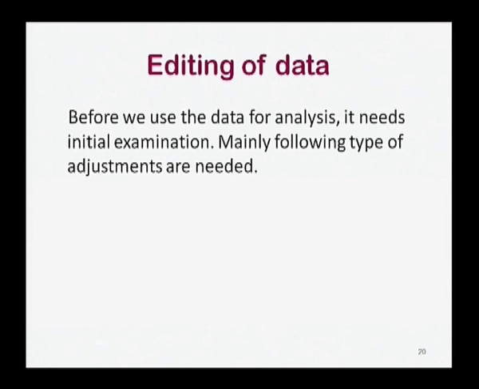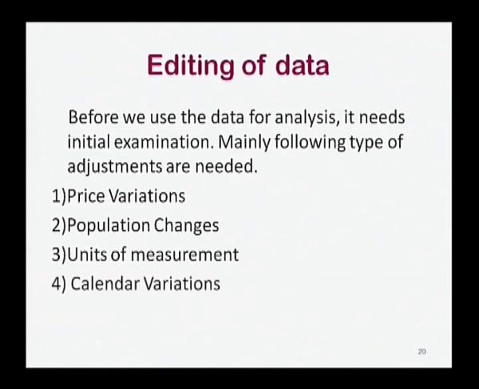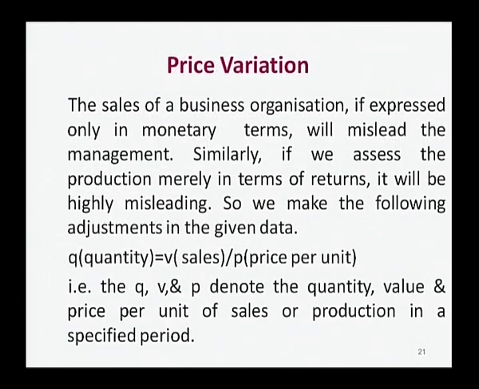Mainly the following types of adjustments are needed. The first one is price variations, second population changes, third units of measurement, and the last one is calendar variations. Price variation. The sales of a business organization, if expressed only in monetary terms, will mislead the management.